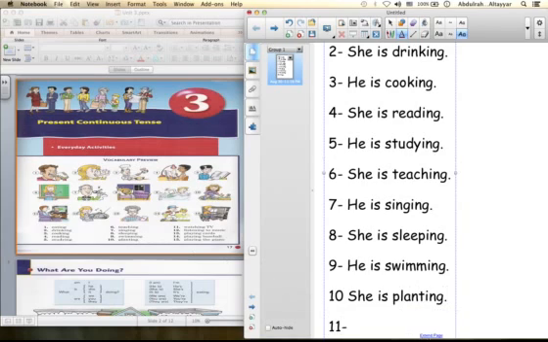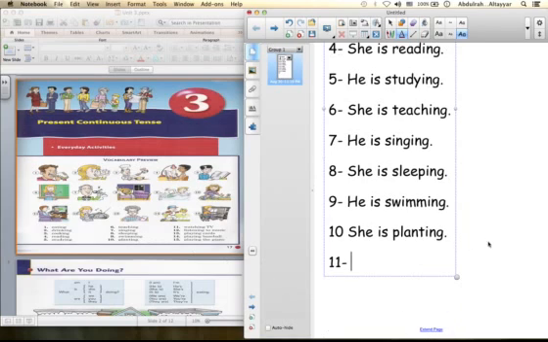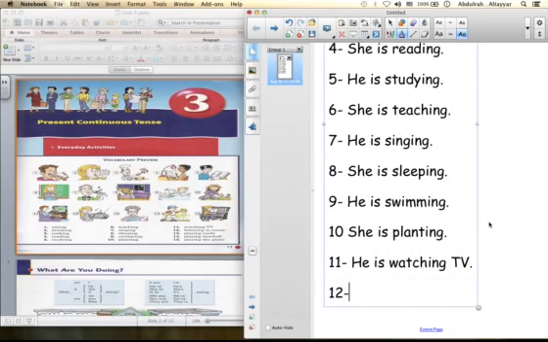Number 11, he is watching TV. 12, she is listening to music.